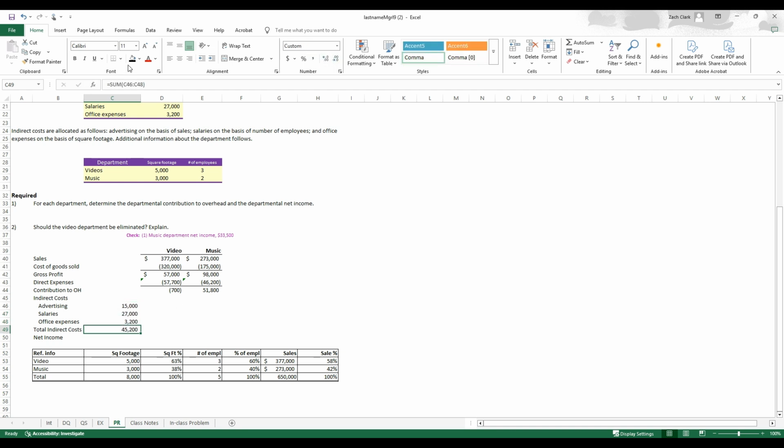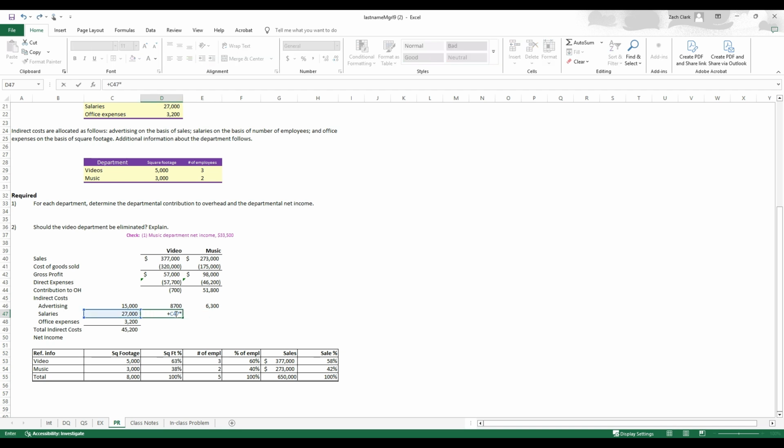Okay, just formatting all this. So total indirect costs of 45,200, and then as far as advertising, that's based on sales, and so video is going to get 8,700, music's going to get 42. Another way to do that is because this is the total minus, there's only 2 departments, you could just do it that way.